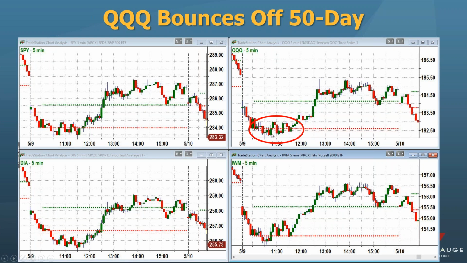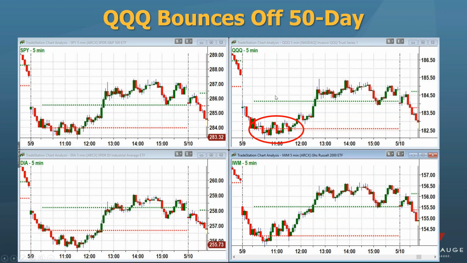Now remember, the Qs are sitting right on their 50-day moving average at this point. The SPYs try to make a new opening range low. The Dow makes a new opening range low, or low for the day. But the Qs are basically still hanging right around their opening range. There's a divergence there. The IWM is inside their opening range.